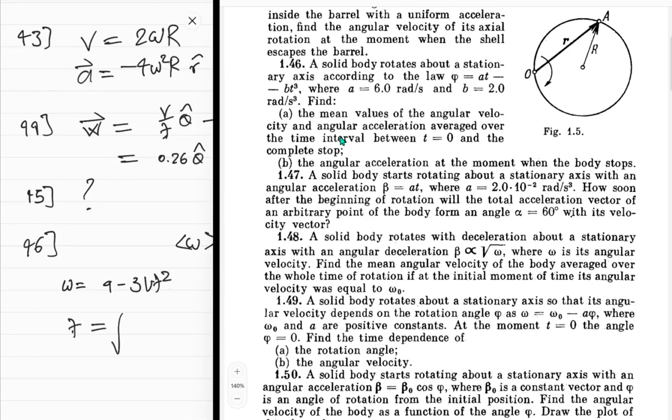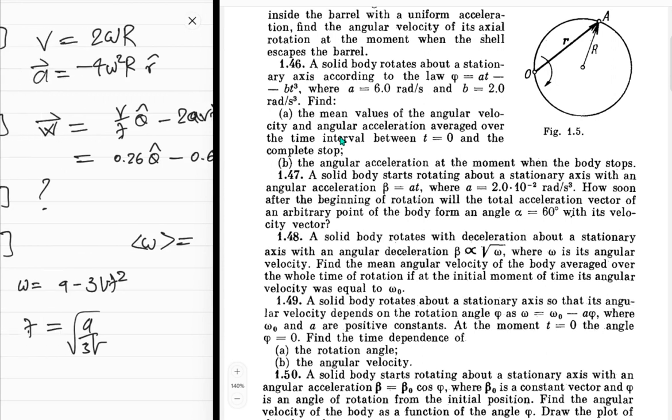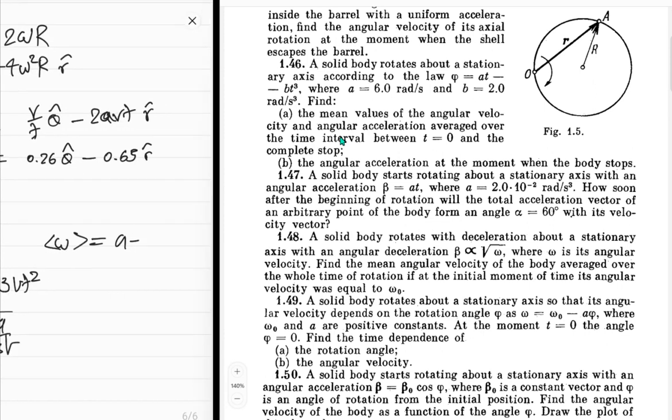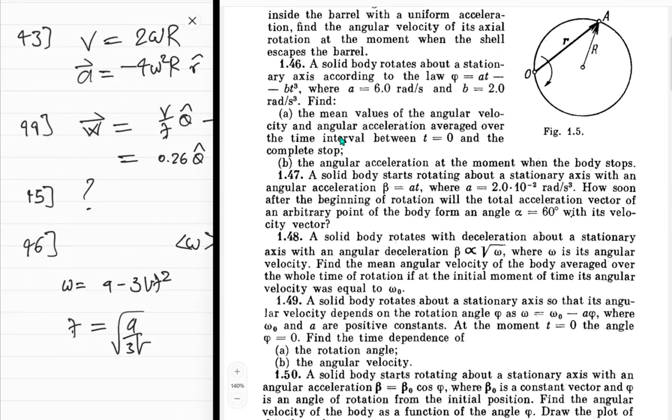So t would be square root of a upon 3b. Fine, and the average is going to be a minus bt squared, exactly. Then just put that t in there. So t squared is equal to a upon 3b. A minus b into a upon 3b, so just a minus a upon 3, like 2/3 a. There we go. We got the first quantity, 2/3 a.